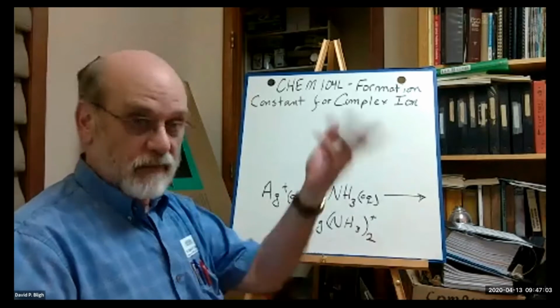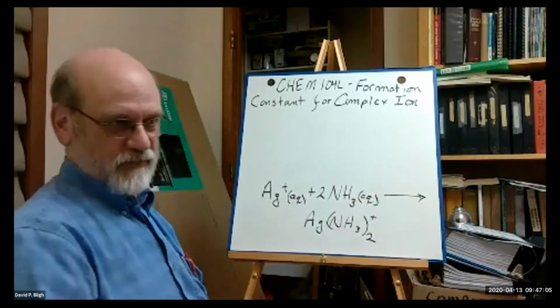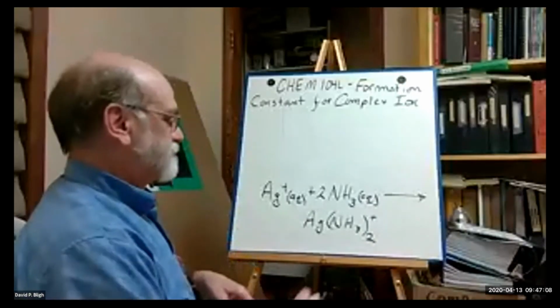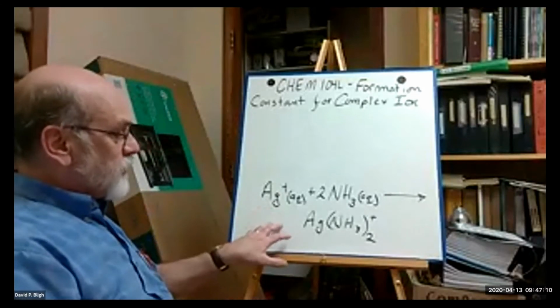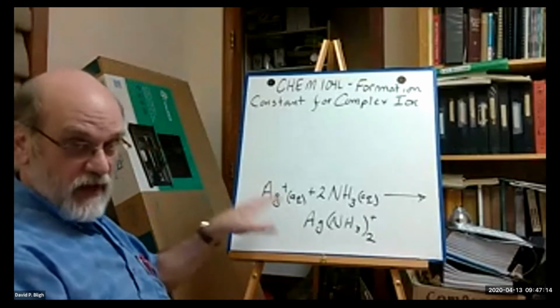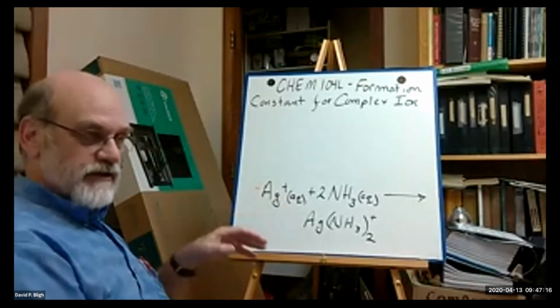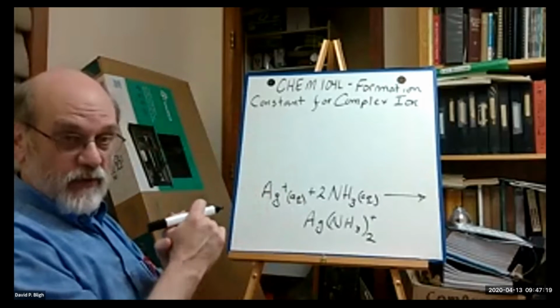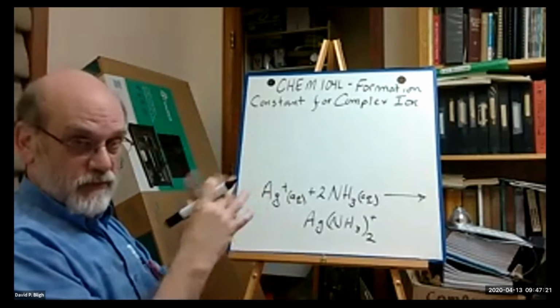Equilibrium pops up continuously from now to the day you die. So what's the equilibrium expression for this one? The formation constant is an equilibrium constant, K, right? It just has a different subscript.